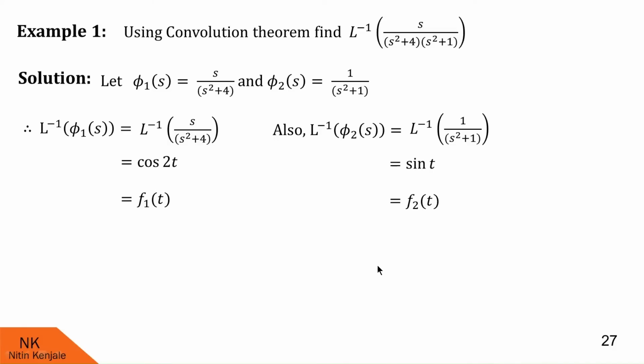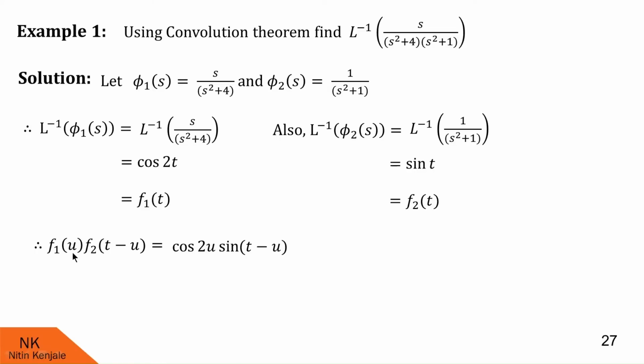Now we will find out the product f1u into f2t minus u. f1u can be obtained by simply replacing every t in f1t by u. So f1u will be cos 2u. Similarly, f2t minus u can be obtained by replacing every t in f2t by t minus u. So f2t minus u is sin t minus u.